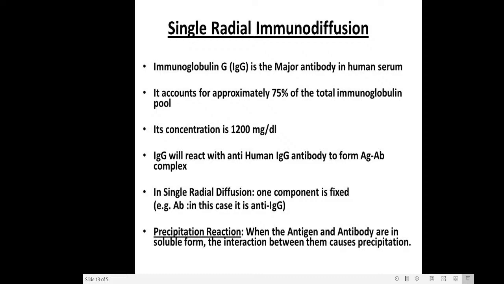For example, anti-IgG, the antibody, is added. Anti-IgG means the opponent to the immunoglobulin, and it is placed in the gel. If you add a sample having IgG, it makes an interaction and precipitates.